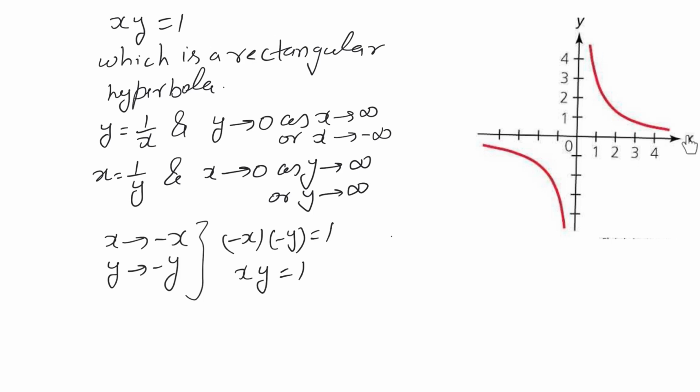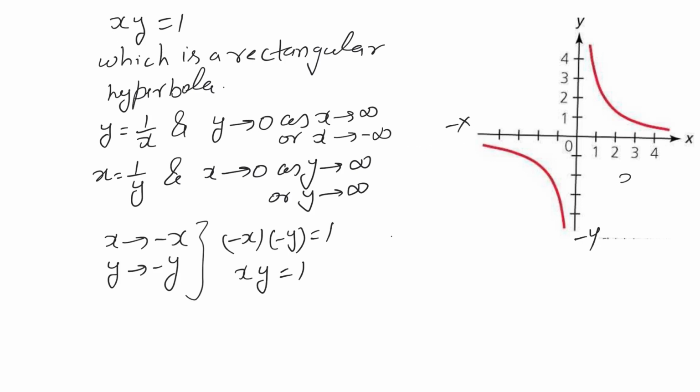In this hyperbola the curve is approaching the x-axis as x is running to infinity. Also the curve is approaching the negative x-axis as x is approaching minus infinity.